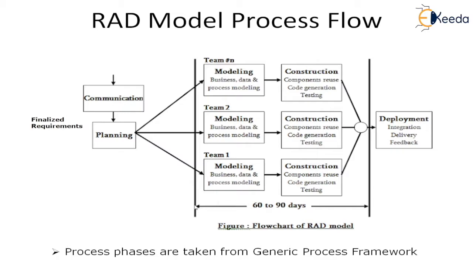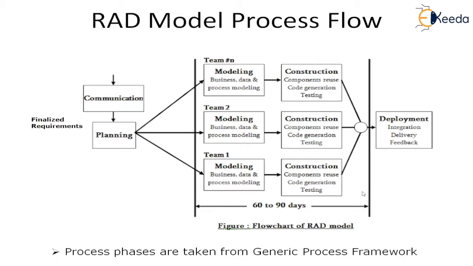Now, if you see the time limit from planning to deployment, that is, the 2 phases of modeling and construction, it is tried to be done within 90 days. That is a 3-month period, a short-duration project.